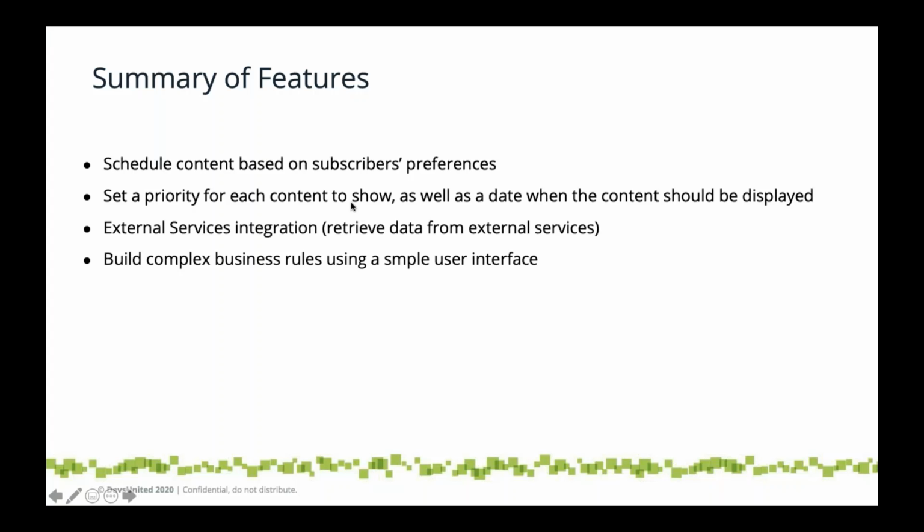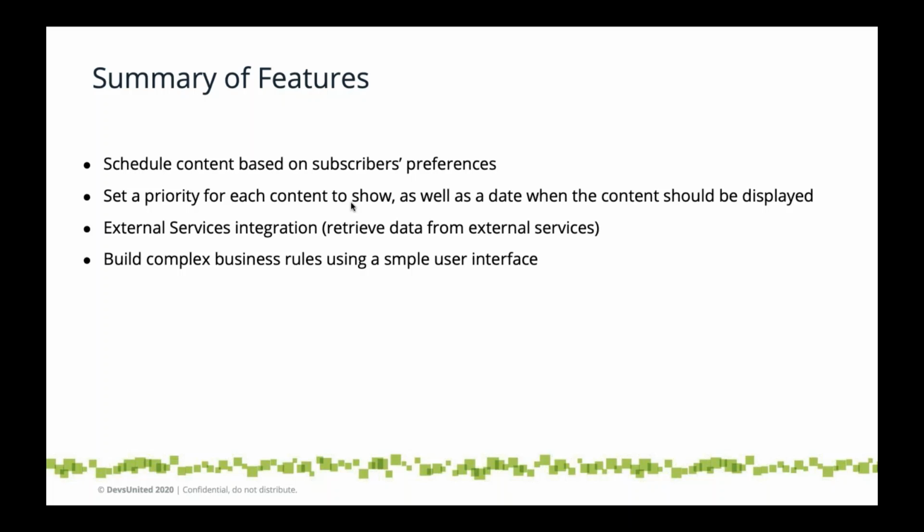So some features that we saw here is that you can schedule content based on subscriber preferences. Also, you can set priority for each content to show, as well as a date when the content should display. Another feature that the CMS tool has is that you can integrate the tool with external services.